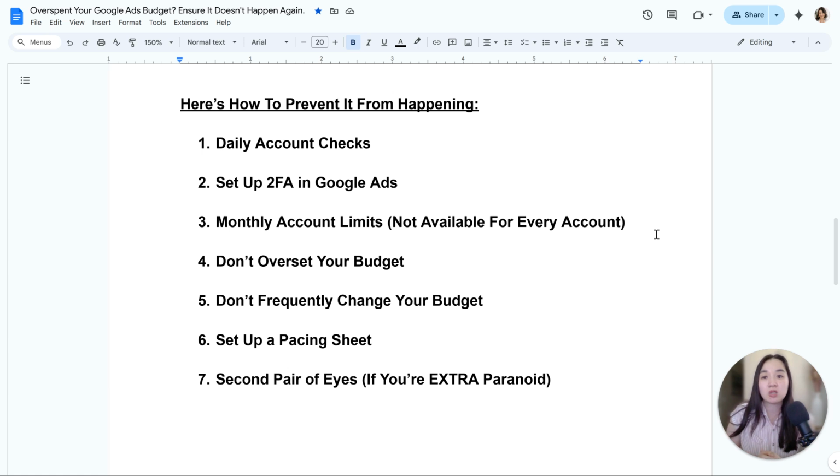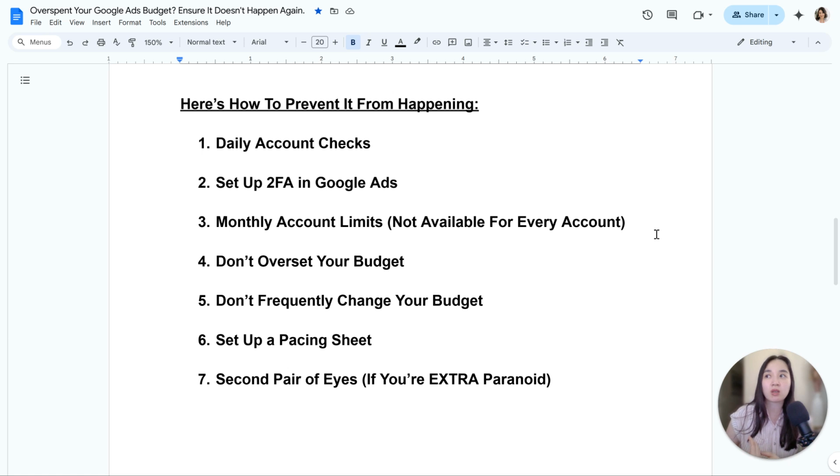Because some of the issues, it's not necessarily not understanding how the daily ad budget works. The issue can also be that someone accidentally put a 0 when they meant not to put a 0. When they meant to make it $10 a day, they made it $100 a day, and suddenly they're spending 10 times more than they were allocated.